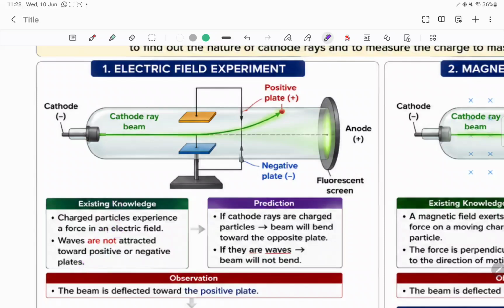So if the cathode rays are waves, they should not be attracted to either plate. If the cathode ray is a charged particle, then it will experience the field and move to either side. If the cathode ray is a charged particle, the beam will bend towards the positive plate. If they are waves, the beam will not bend.